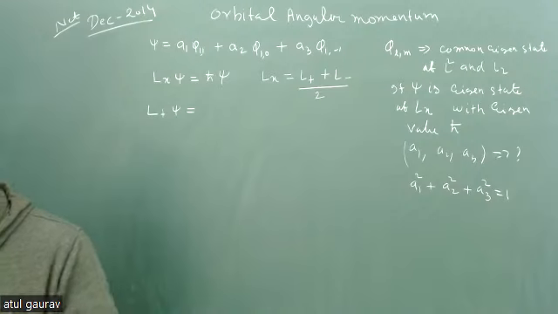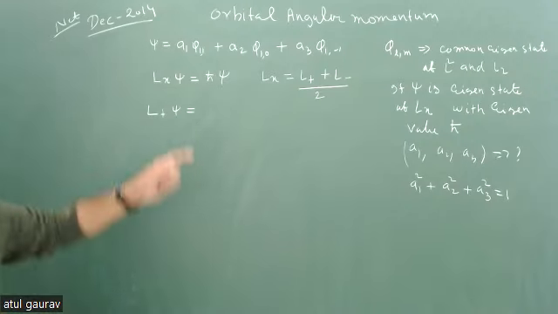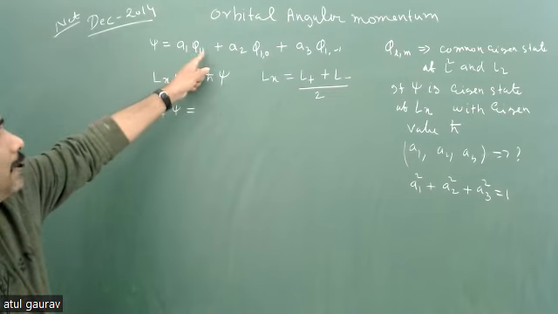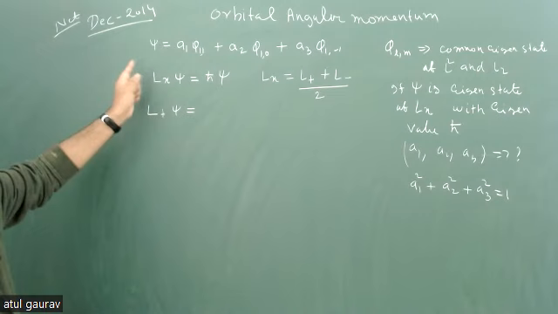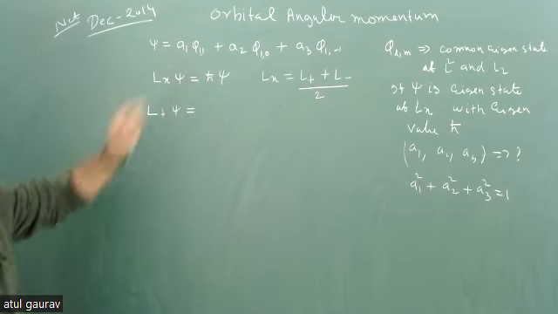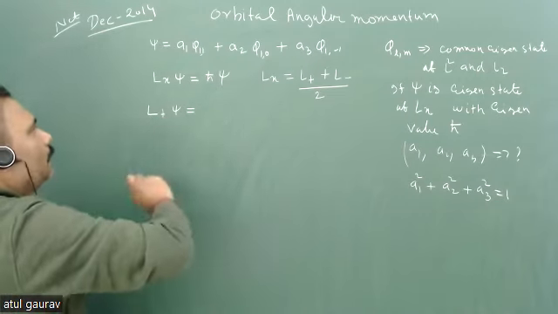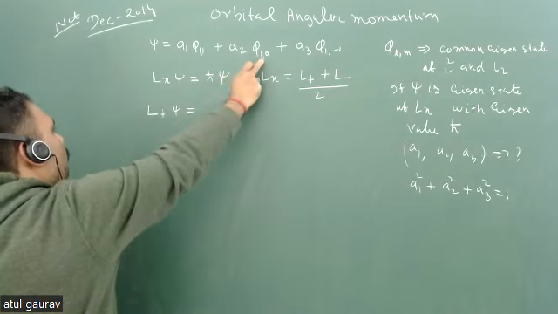It will be 0. Here L is equal to M, so you remember when L plus operates on L, L, that will be 0. So the first term will be 0. What will happen when L plus operates on the next term?